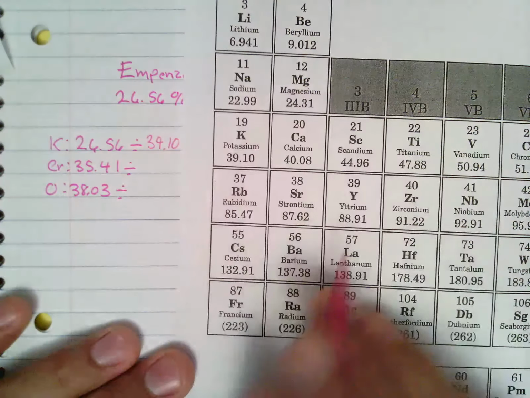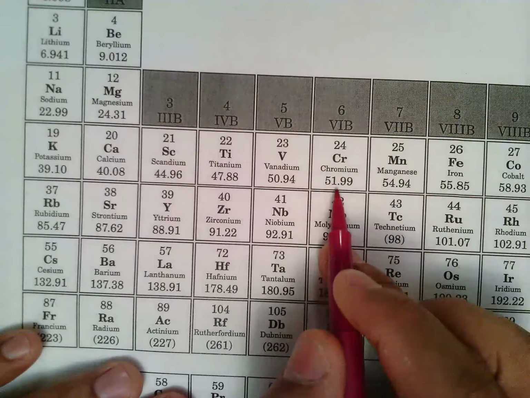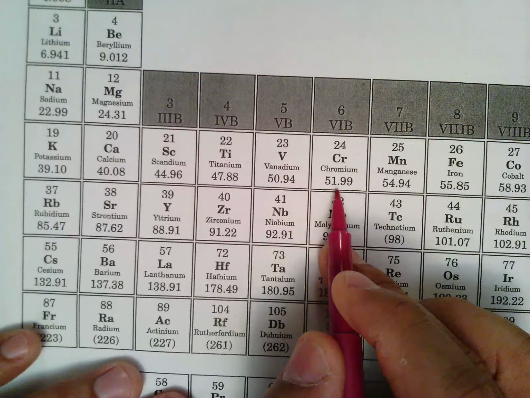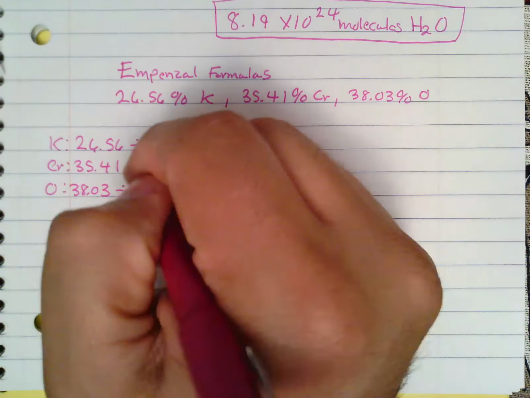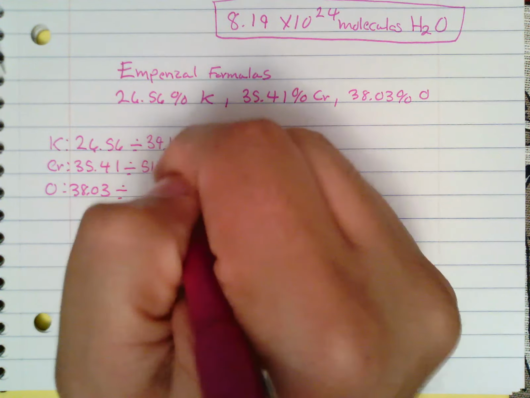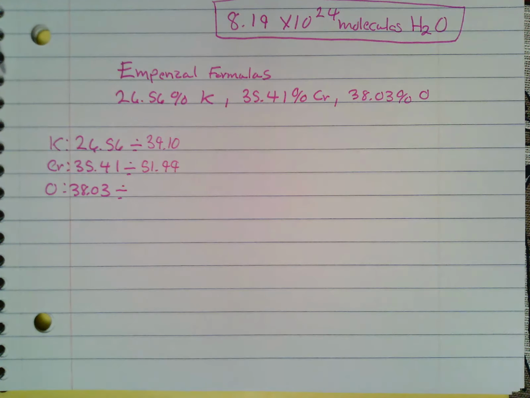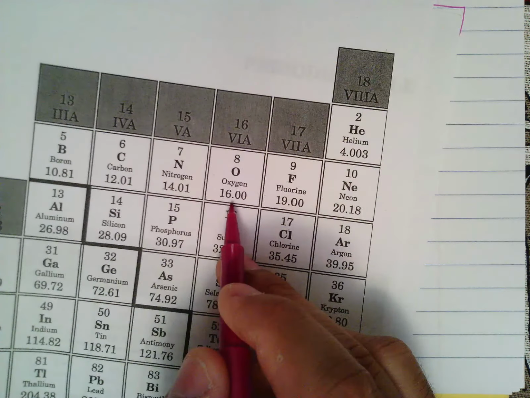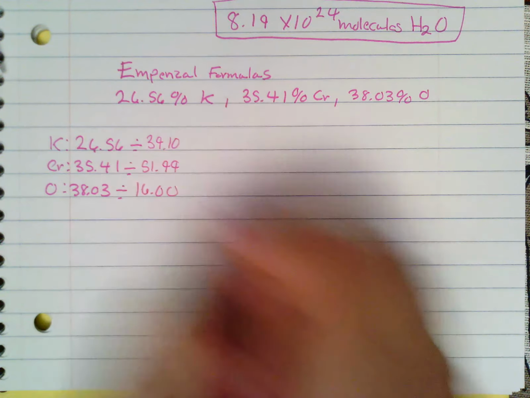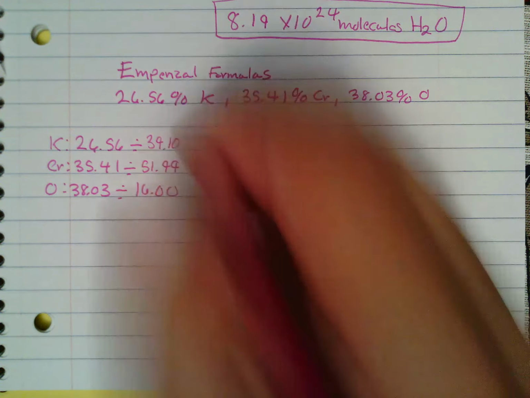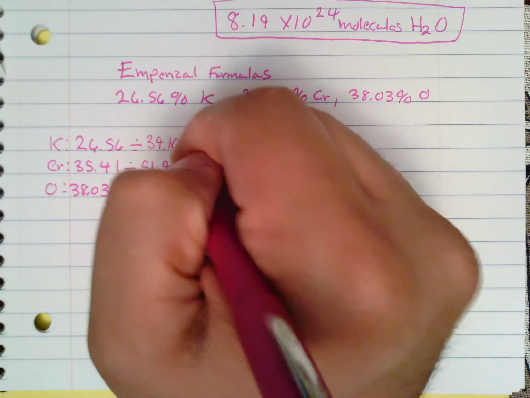Chromium, which is over here in the middle, has an average atomic mass of 51.99, so we'll put that right here. And then oxygen has one that we're familiar with, that should be 16 even.